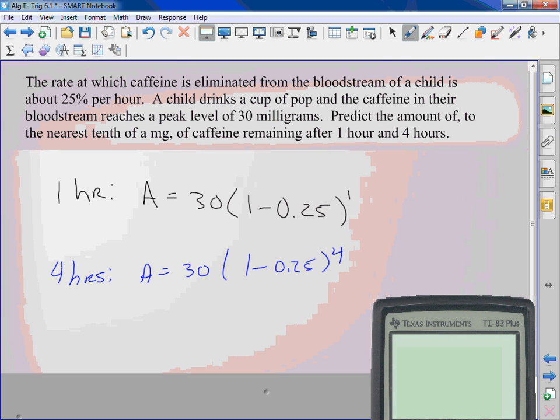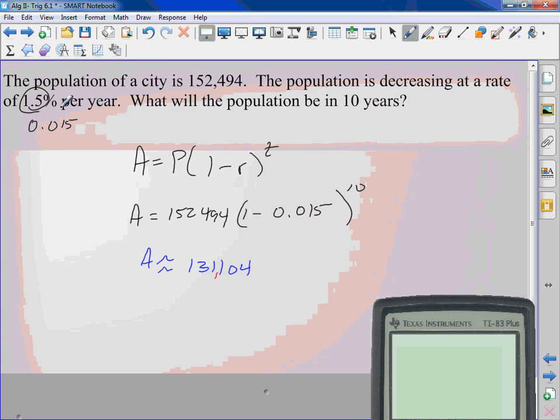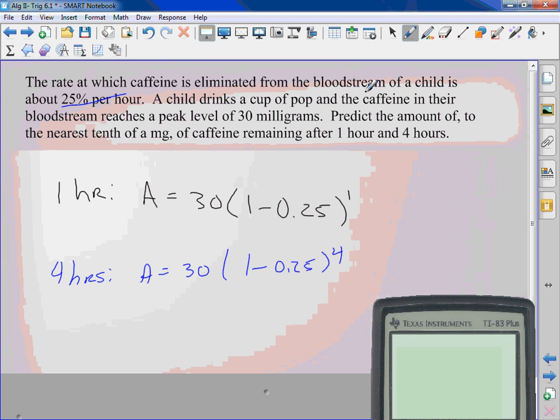Now it's a 4. I know it's usually in years, but here in this problem, this is talking about 25% per hour. And this one was talking about decreasing per year. As long as I'm talking about years or hours, it doesn't really matter.